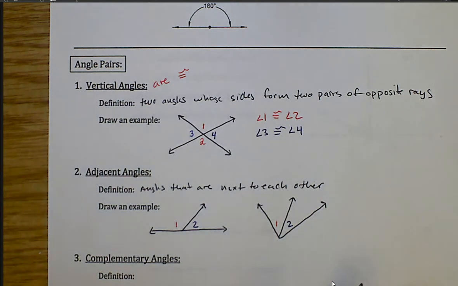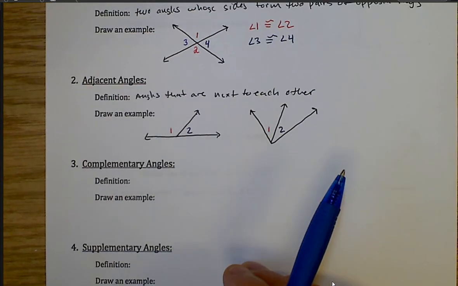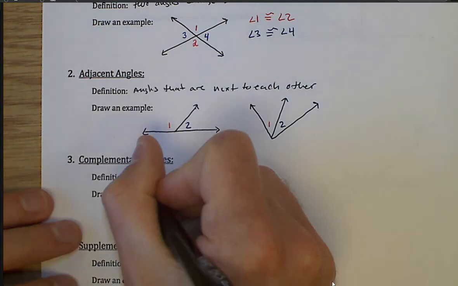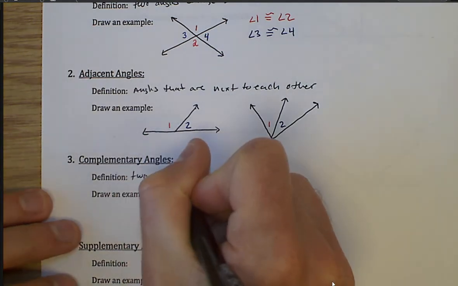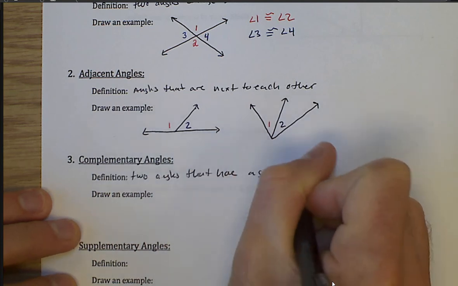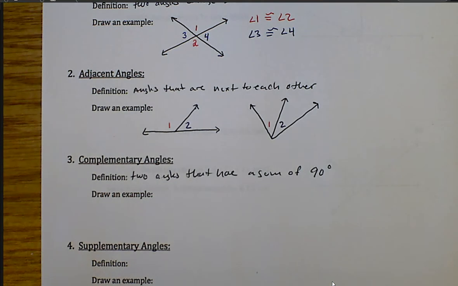Okay? Complementary, so we're getting down towards the bottom here. So the definition of complementary is two angles that have a sum of 90 degrees. Okay? Two angles that make 90. And you can write this in a couple different ways.